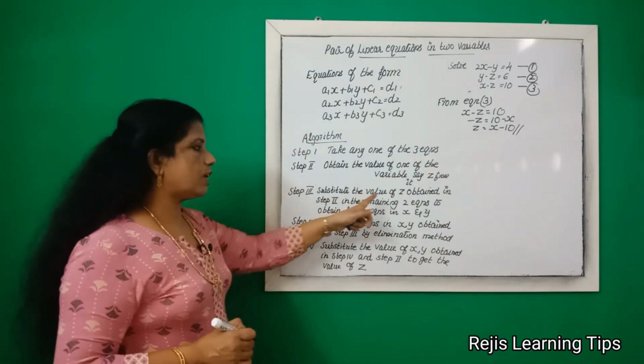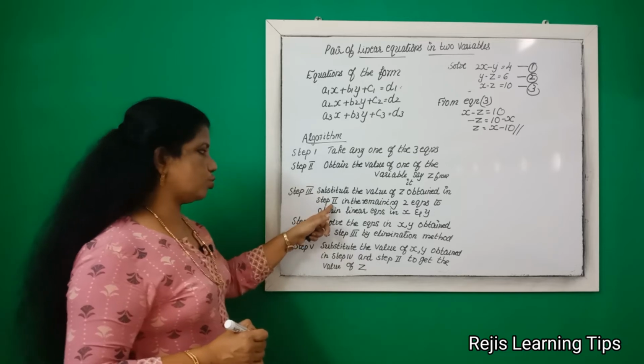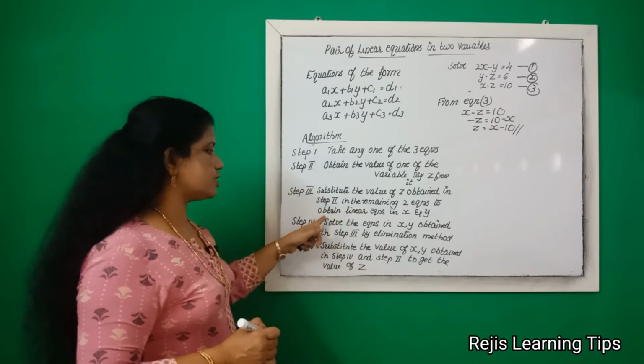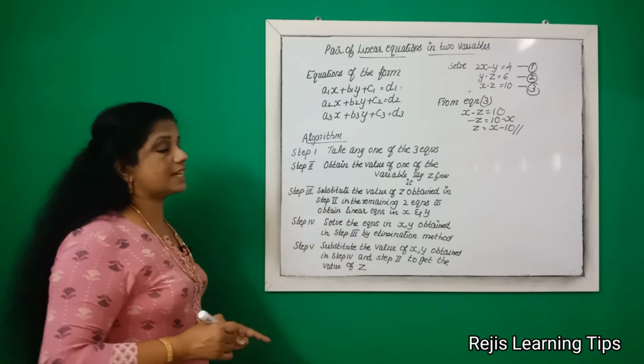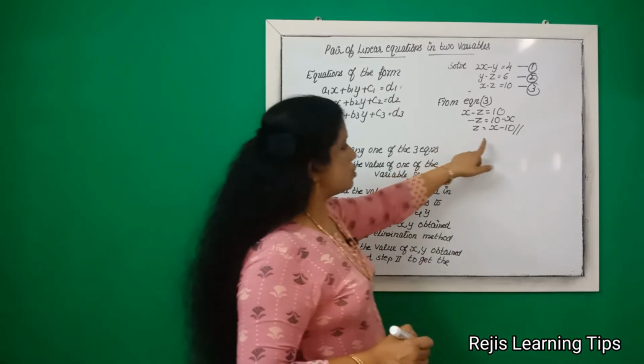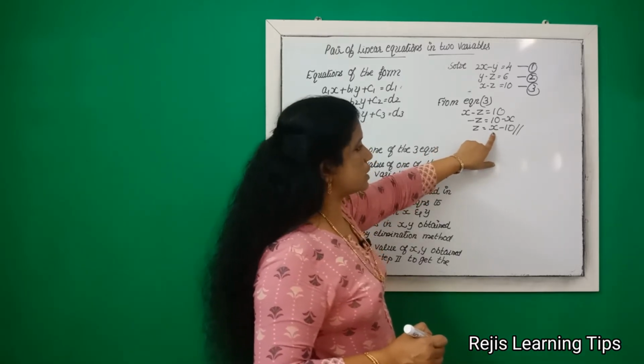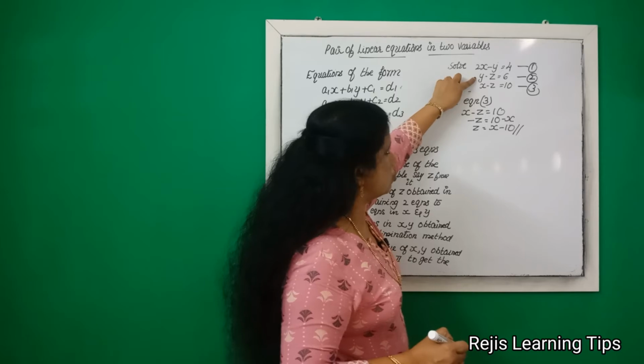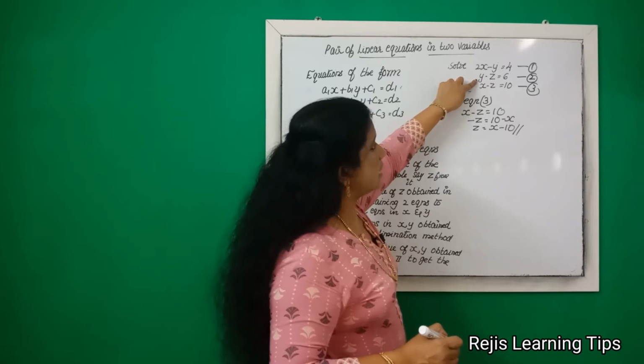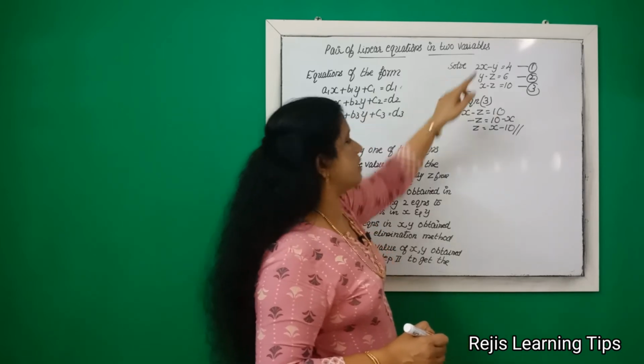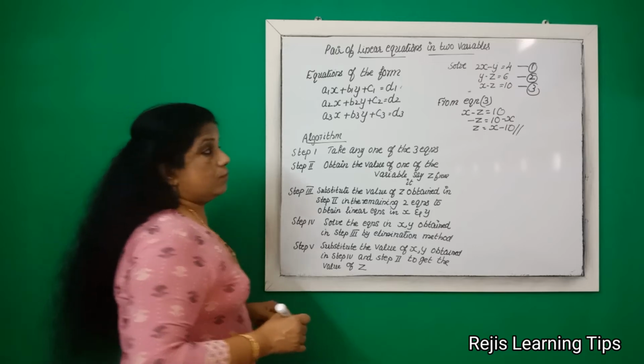Then substituting the value of z obtained in step 2 in the remaining two equations to obtain linear equations in x and y. Then we substitute this z is equal to x minus 10 in equation 2. Then we will get an equation in x and y.